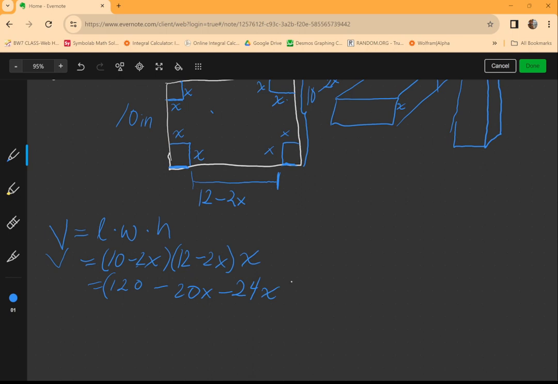And lastly, we have plus 4x squared, and then times x here. So let me distribute the x, and if we combine like terms in the middle, those two middle terms, we get 120x, minus 44x squared, and lastly plus 4x cubed.